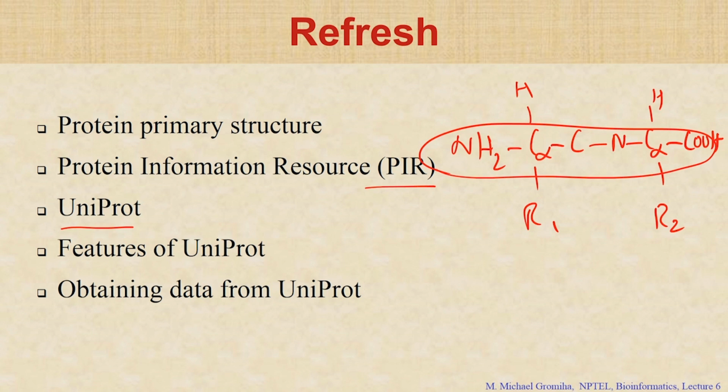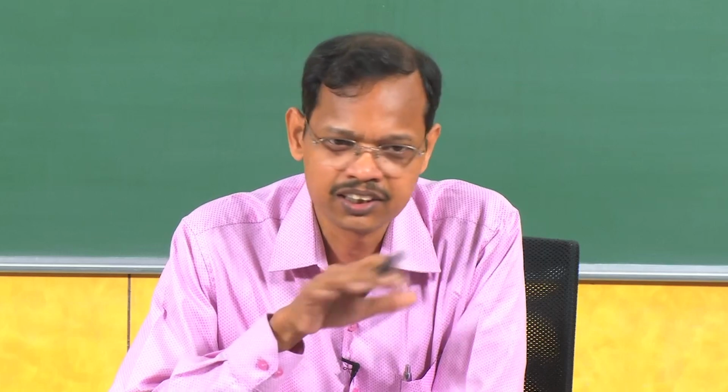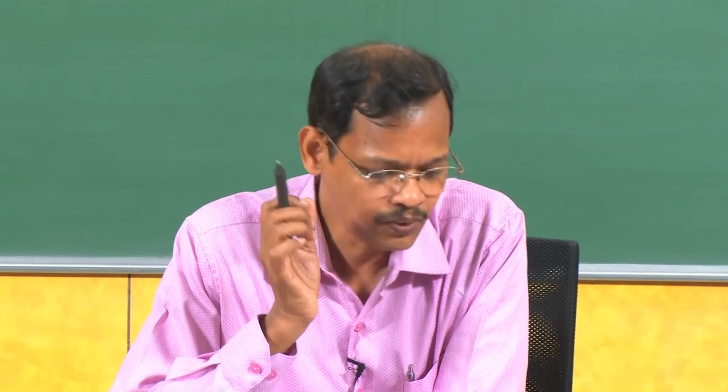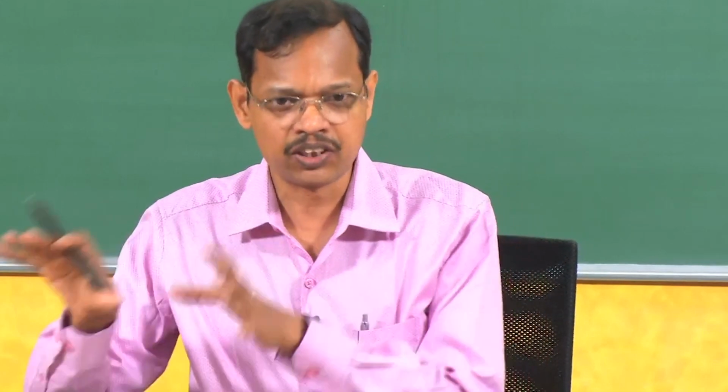Then what are the various features of UniProt? What are the major aspects of UniProt? A high level of annotation, minimum redundancy, and high integration with other databases. It has various features, and they classify them into three different groups.